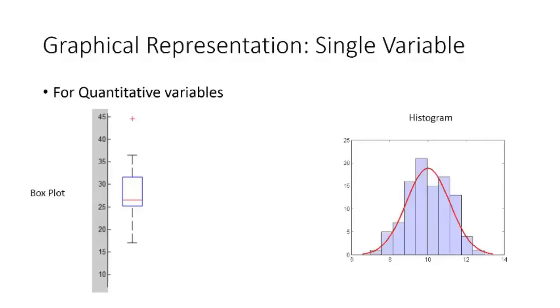So that range gets captured there, and the whiskers themselves take on different meanings depending on which version of the box plot you're using, but more often than not it tends to be the lowest value and the highest value in the data set, and typically red dots like this represent outliers in the data.